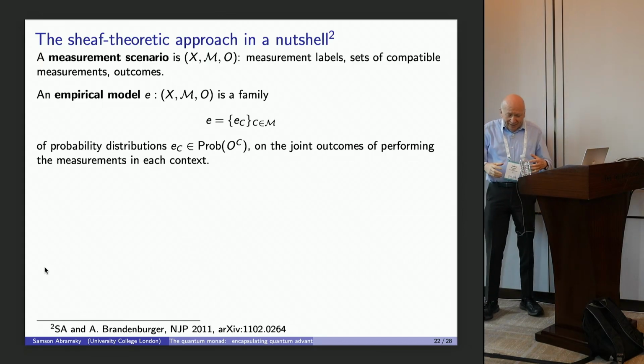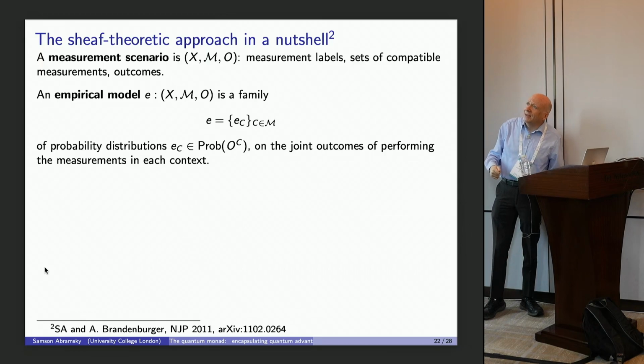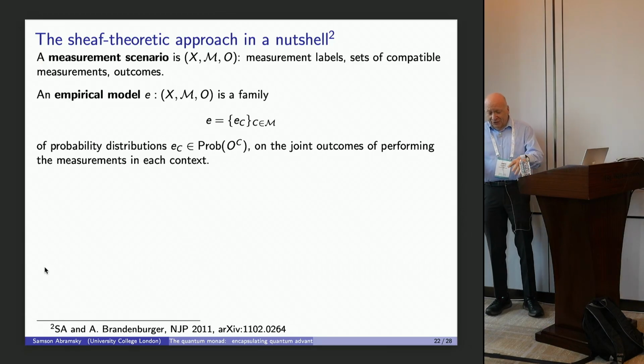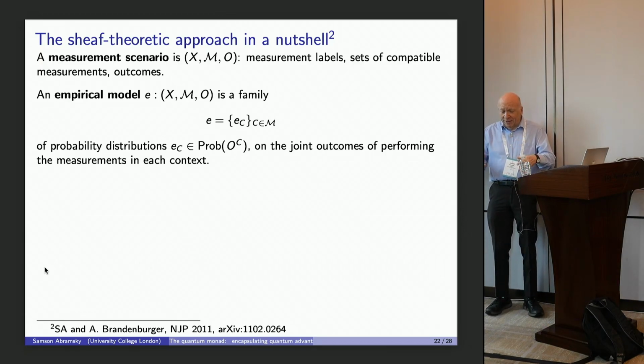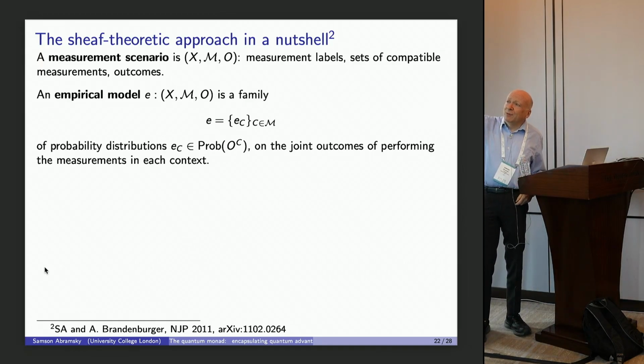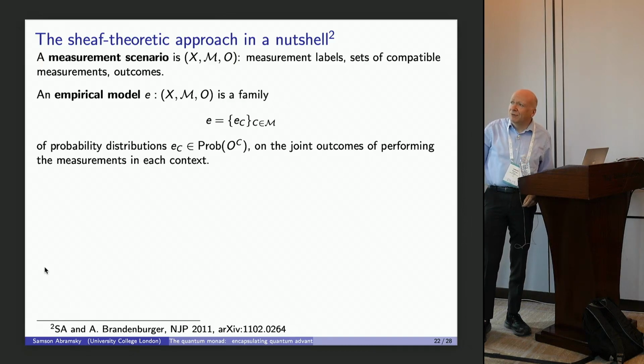We abstract the idea of which variables can be measured together into this set of contexts, so simply sets of variables that can be measured together, and then there are possible outcomes for each variable.